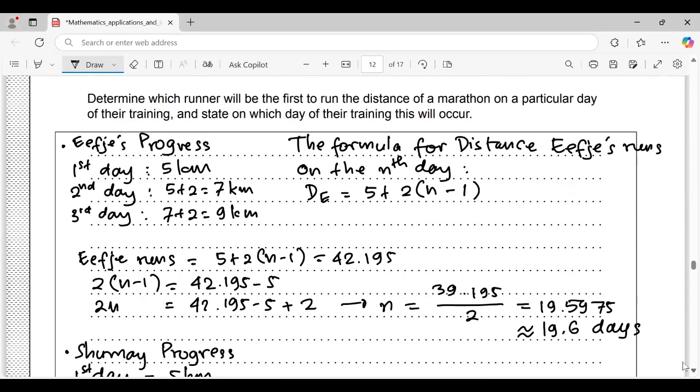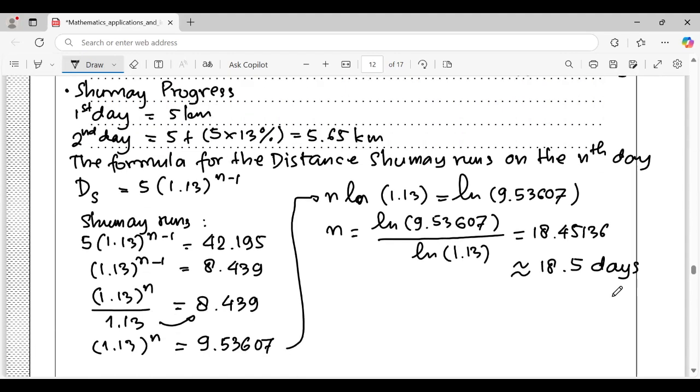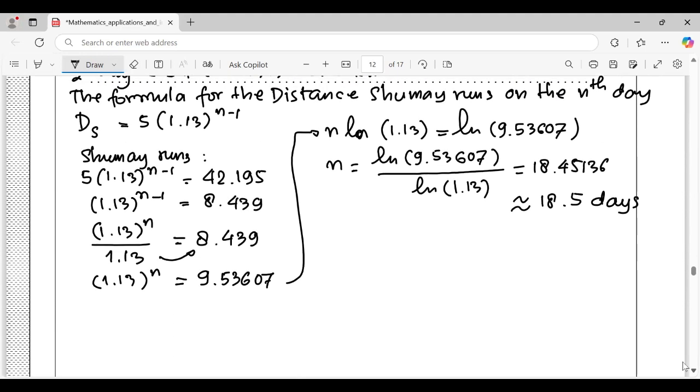The first to run it is Shumai, because she just needs 18.5. So Shumai will be the first to run.